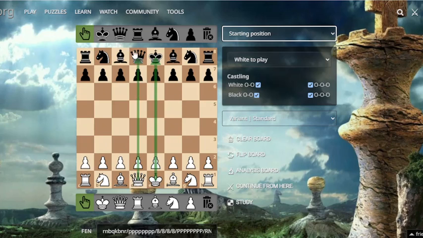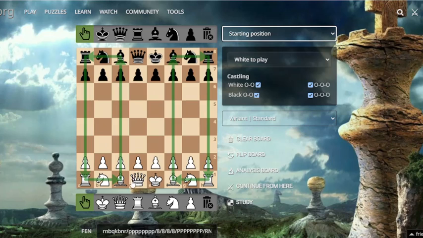Also remember that there's some technical terms, like for example, these are the center two files, right? And then there's also this side over here, which also has its name. The king is on this side, so this side is called the king side, and over here on this side, because the queen is nearer to it, it's called the queen side.